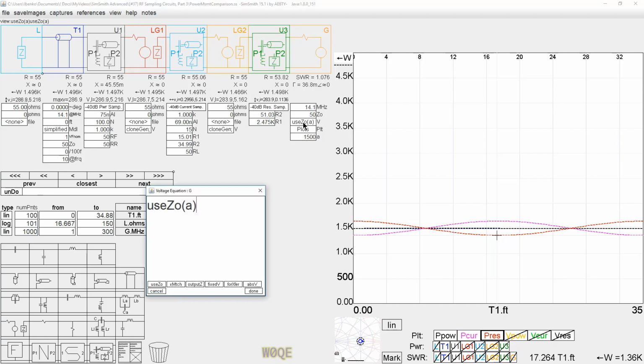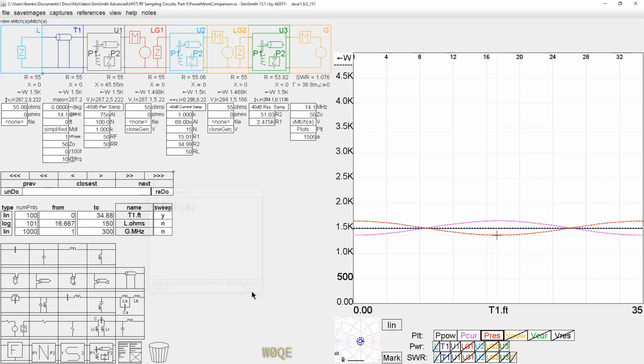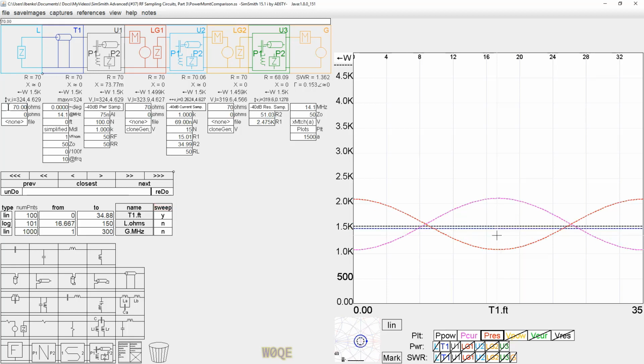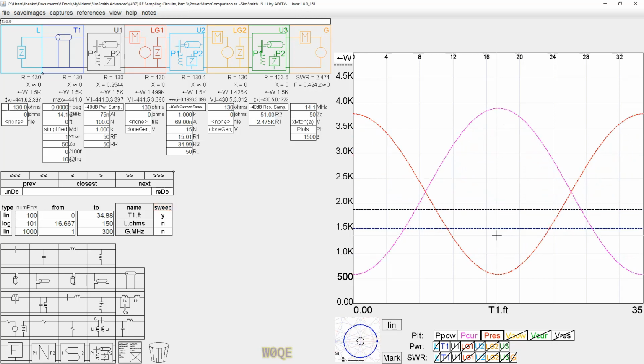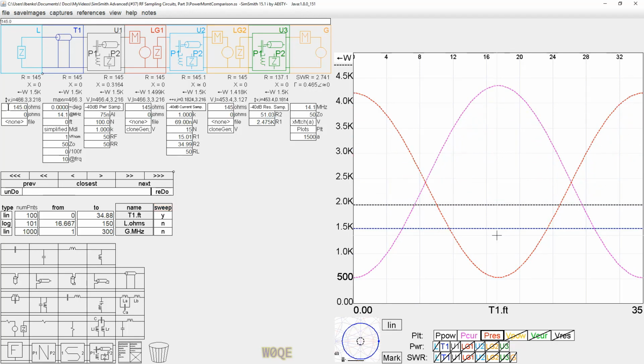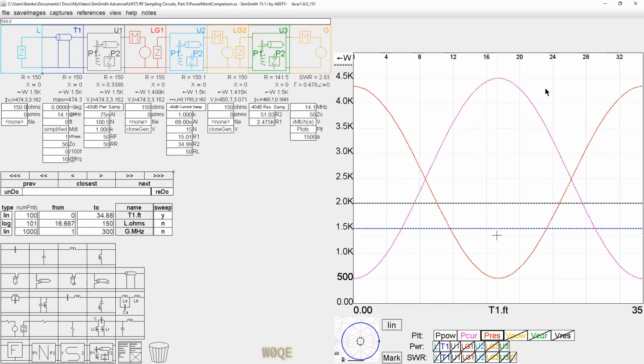If we change the generator type to be an X-match, we don't see a lot of difference here at the moment. As we raise the SWR up, go back to a 3-to-1 SWR again. We see that the number rose from 3-point-something kilowatts to 4.